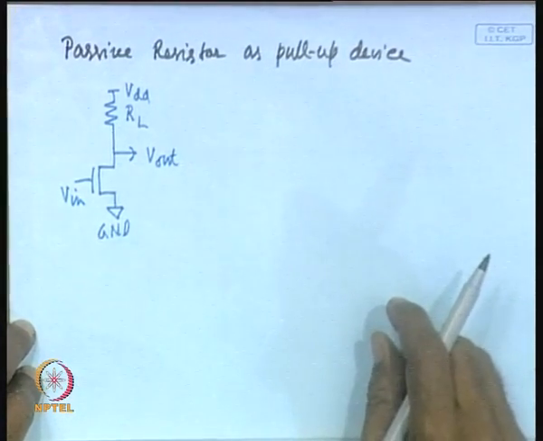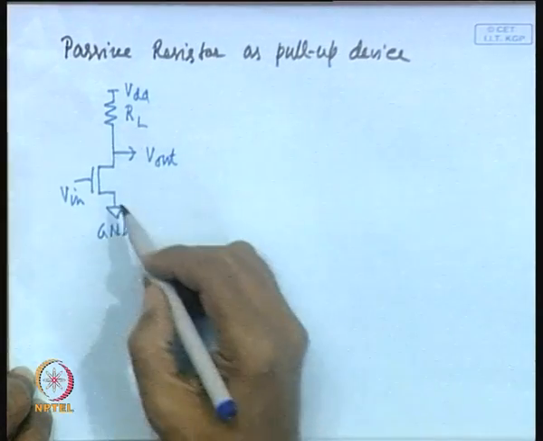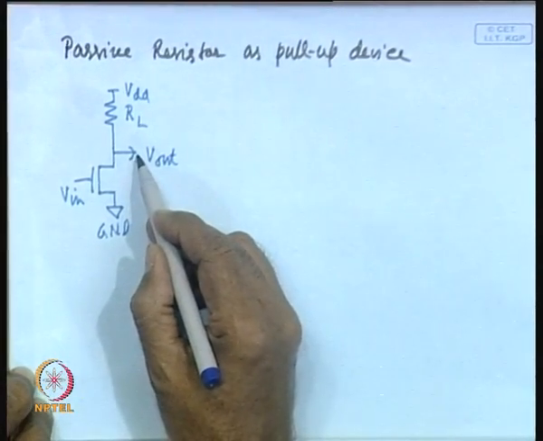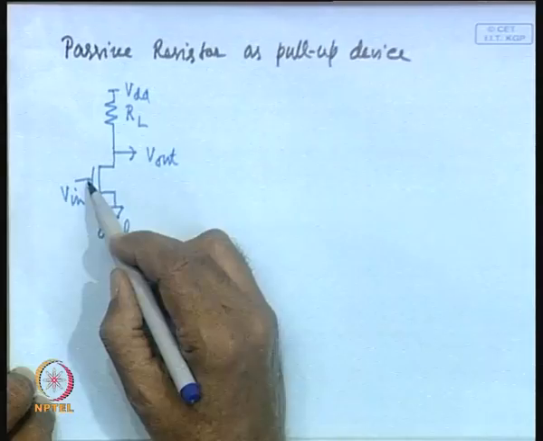Now, in this particular situation, how will the output change as you change the input? How do you find that out? You will be interested in characterizing the operation of a MOS inverter implemented by this technique.